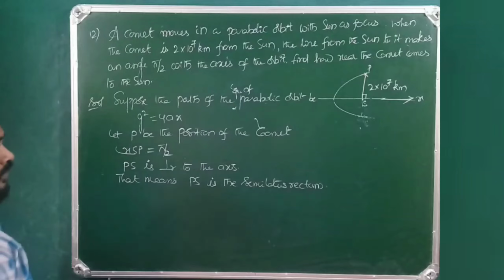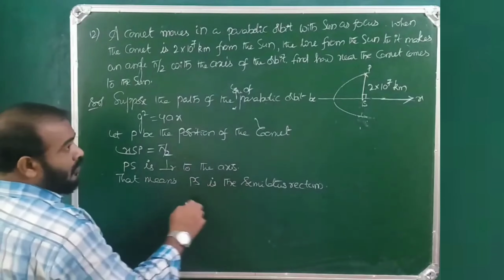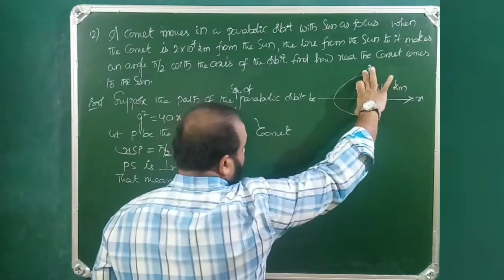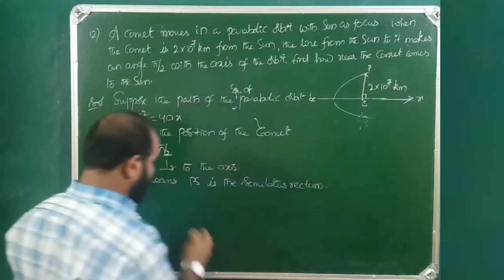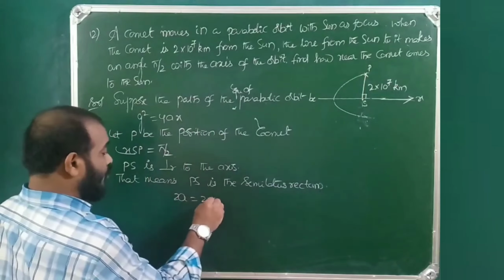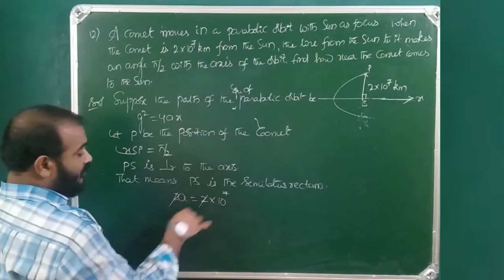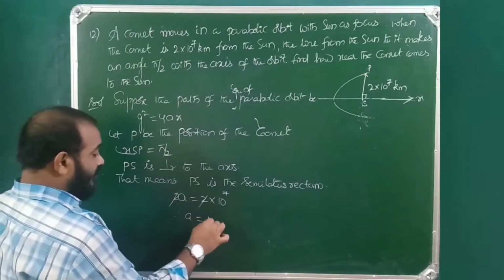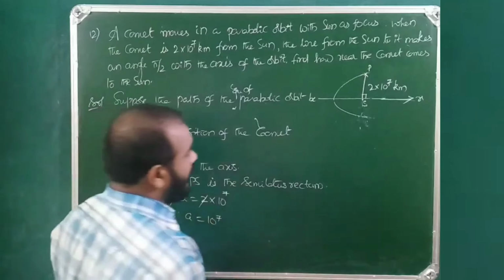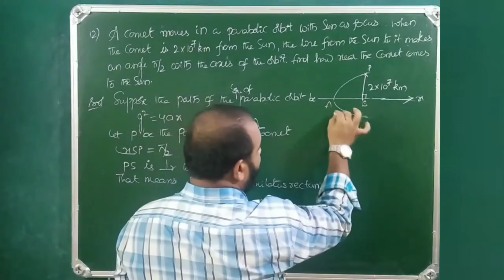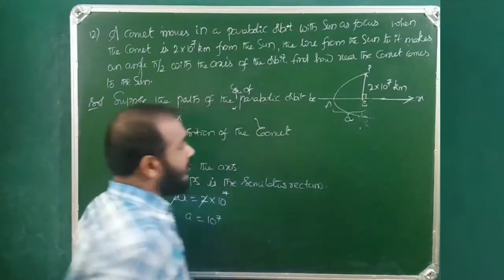Totally this is 4A, so the semi-latus rectum is 2A. That means 2A is equal to 2 into 10 power 7 kilometers. So 2 gets cancelled. Therefore, A is equal to 10 power 7. So what is A? From vertex to the focus, this is A.